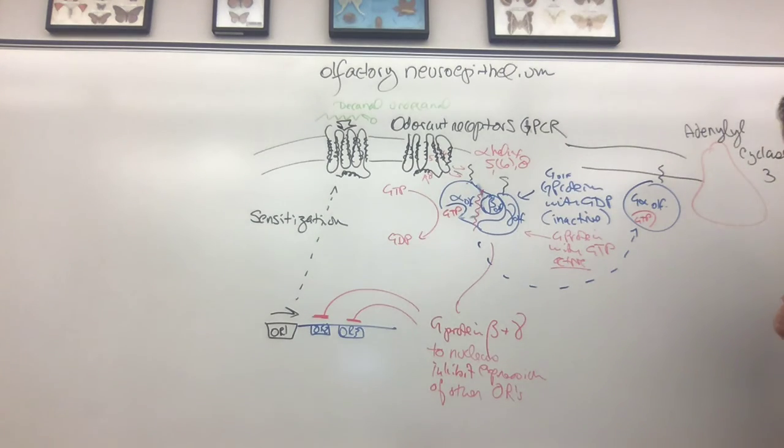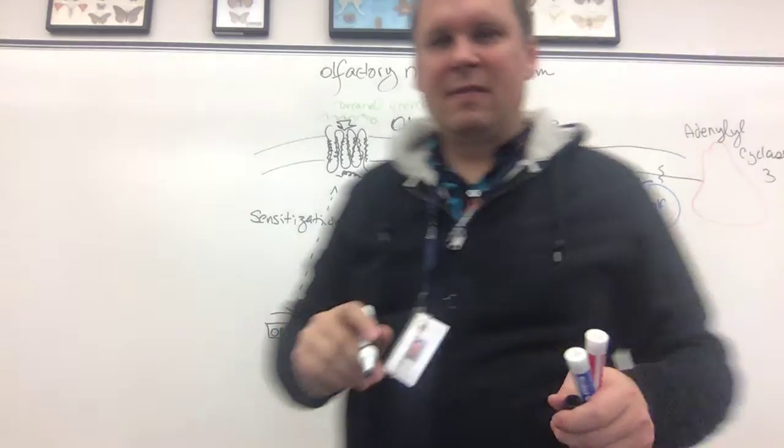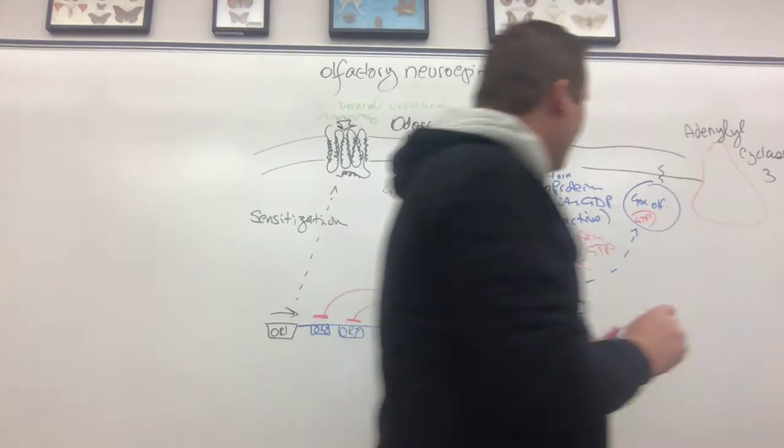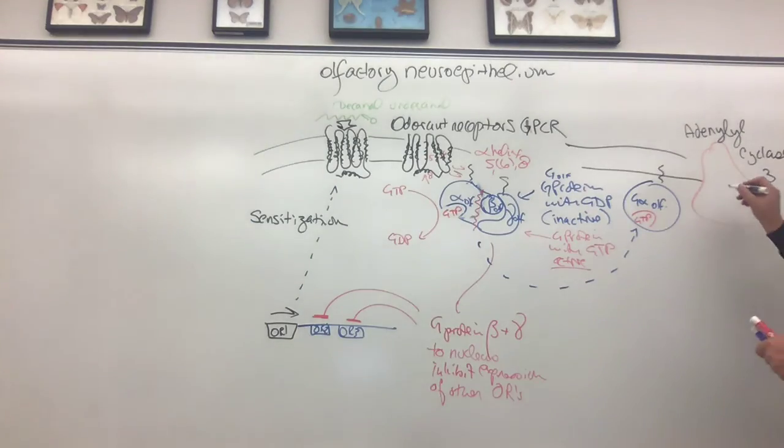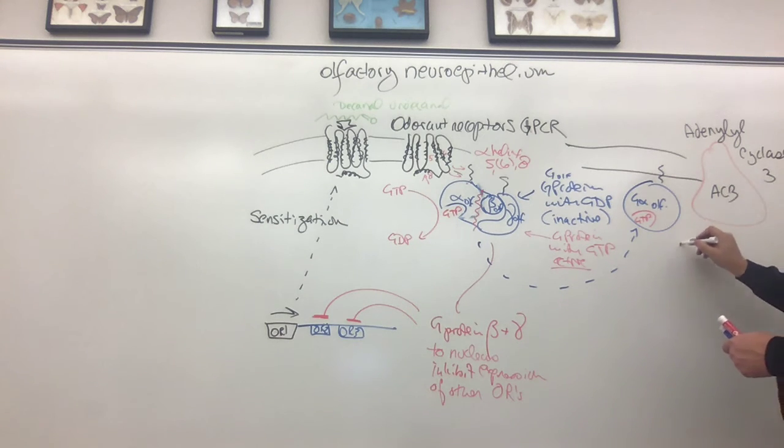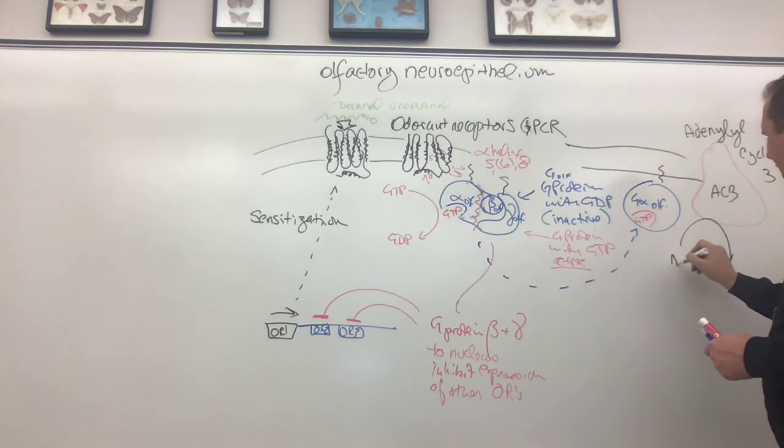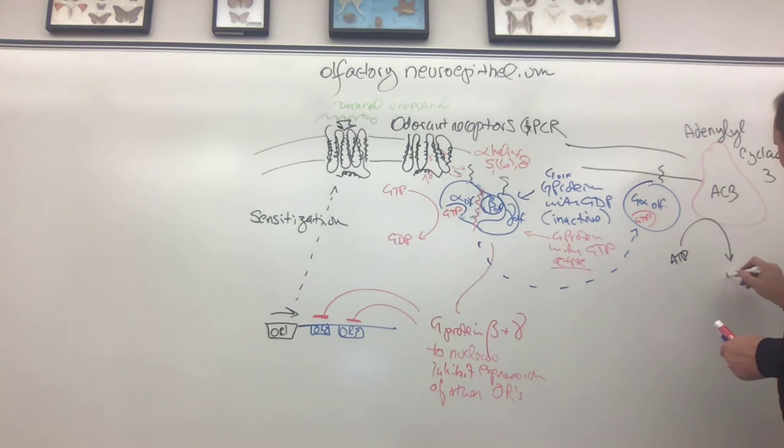Adenylyl cyclase 3. Yeah, that's the edge of the world. AC3. All right. And so what this adenylyl cyclase 3 is going to do is it's going to take in ATP and it's going to spit out cyclic AMP.